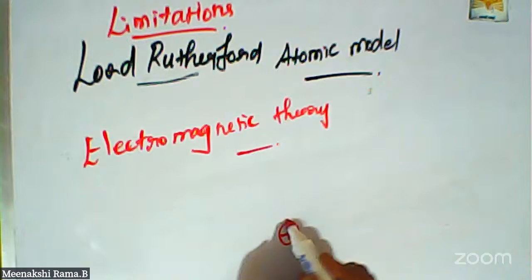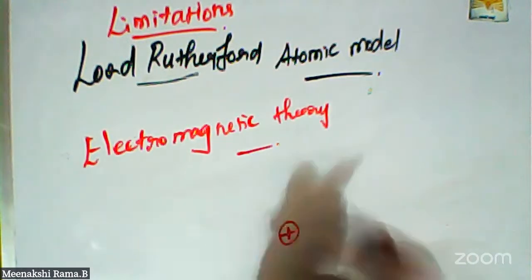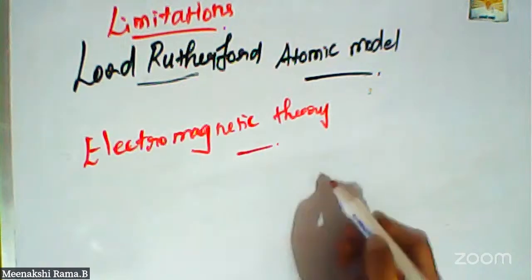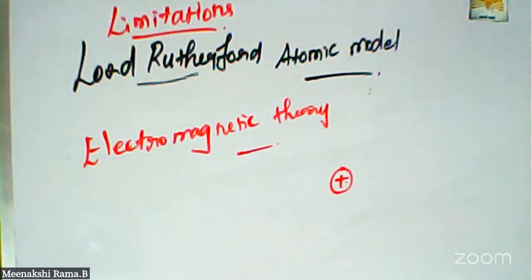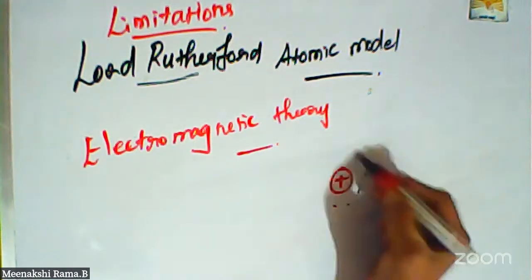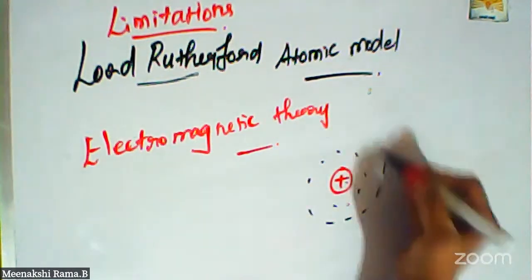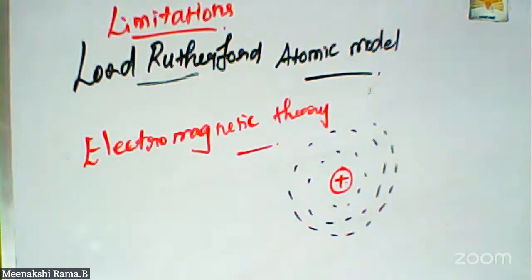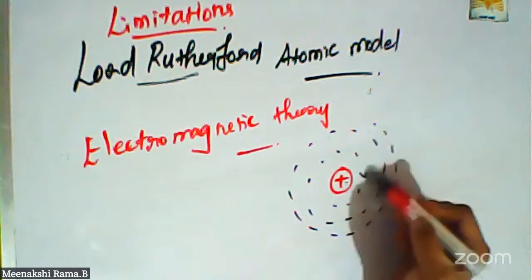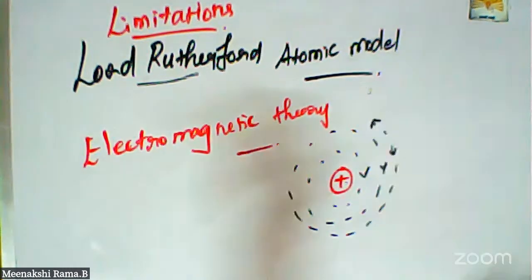Around the nucleus, the electrons are revolving. So this is the point we know: the electrons are revolving around the nucleus continuously.